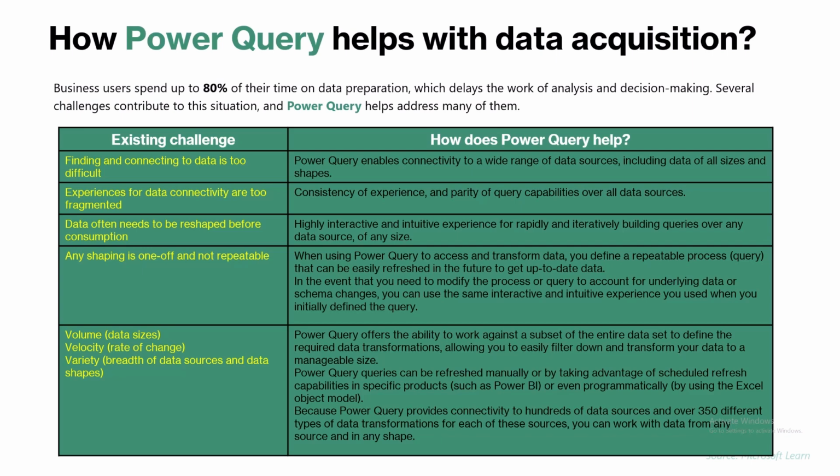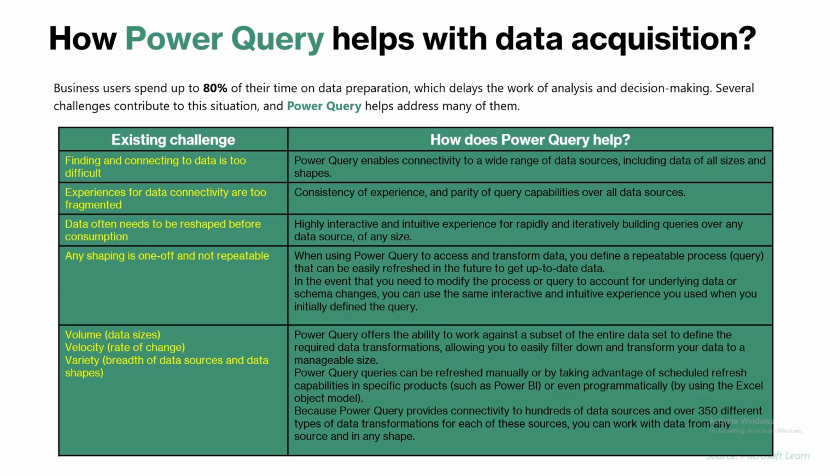If you have a rate of change, where you want data to keep updating, Power Query offers scheduled refresh capability, which you set up in Power BI. If you're using Power BI with Power Query, you can set up incremental refresh and scheduled refresh. But if you're using Excel, you can set up a macro using the Excel object model to do those updates as the data changes.